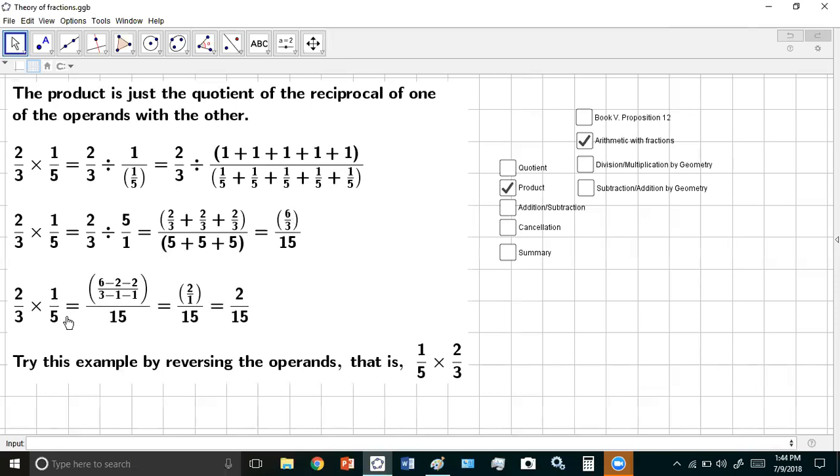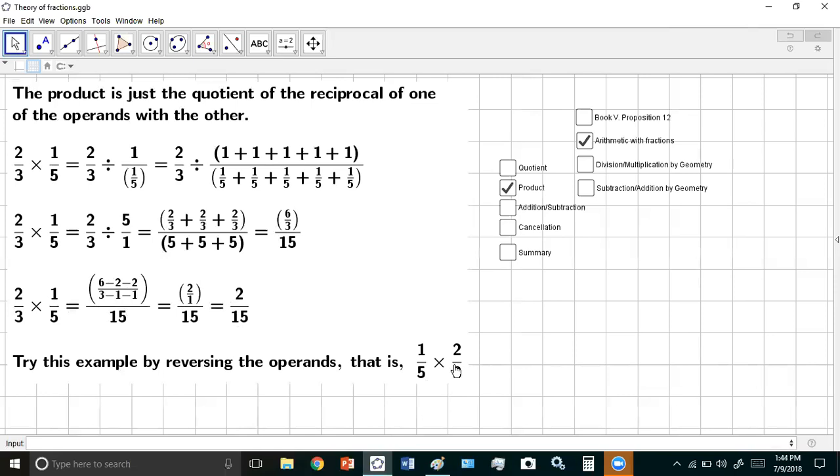And finally, I could say it's 6/3 minus 2 over 1 twice over 15, yes? And that will give me 2 over 15.